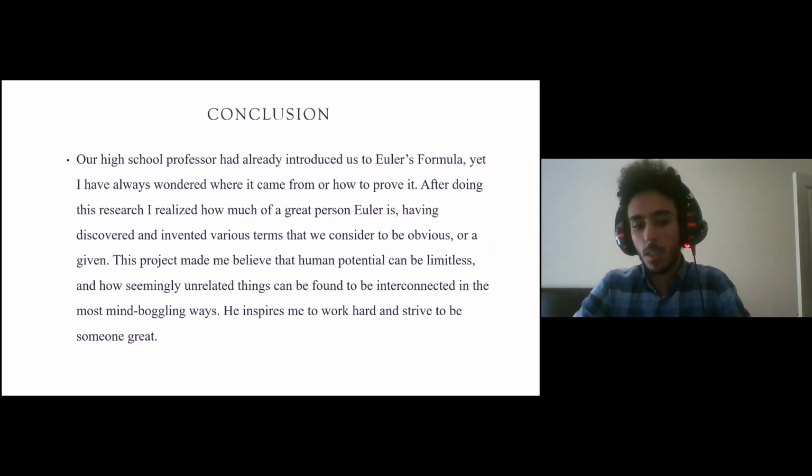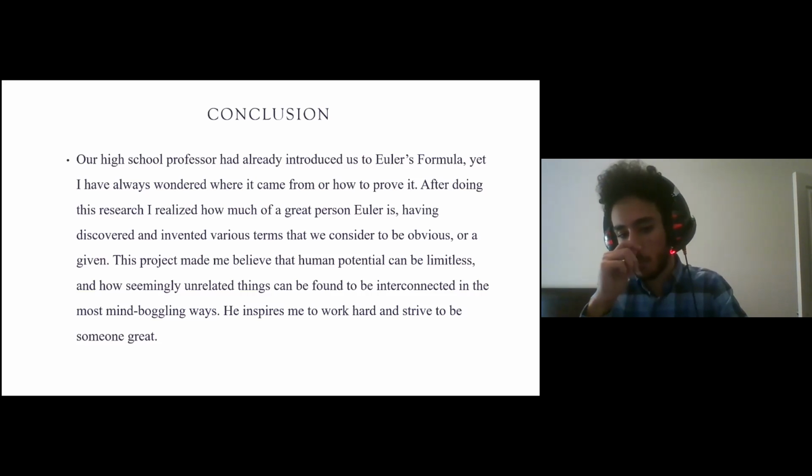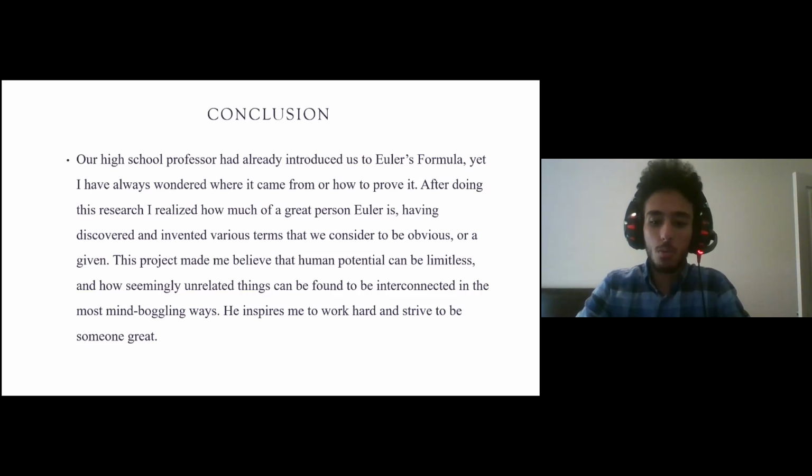This project made me believe that human potential can be limitless, considering all the achievements he had, and how seemingly unrelated things can be found to be interconnected in the most mind boggling, surprising ways. He inspires me to work hard and strive to be someone who is great and others could look up to.